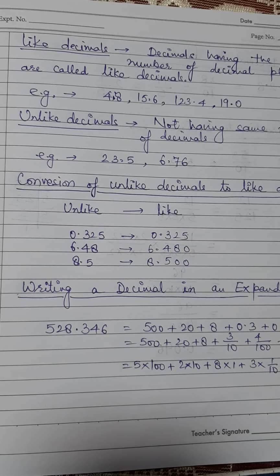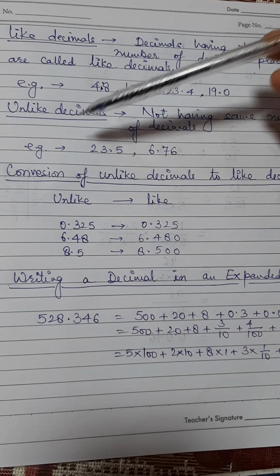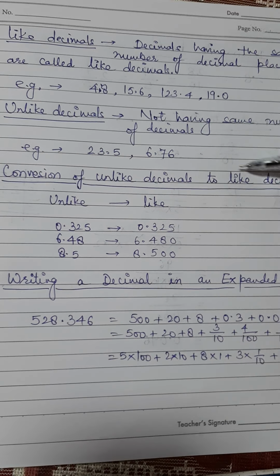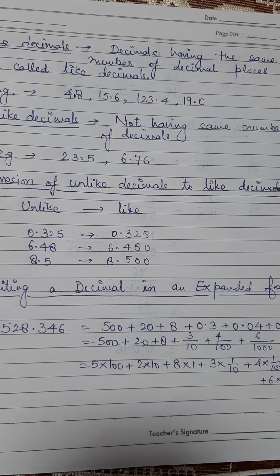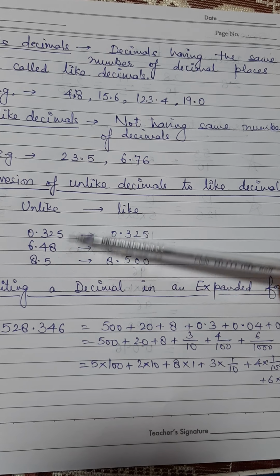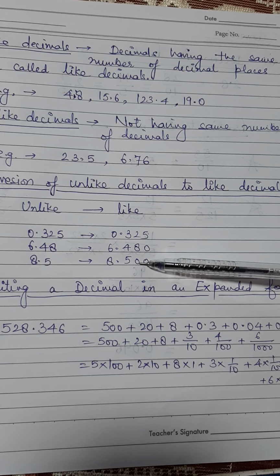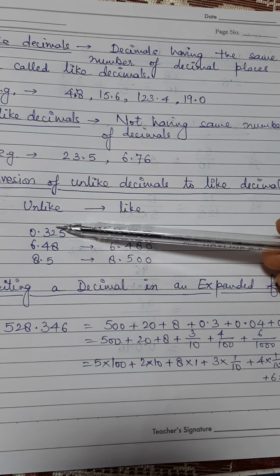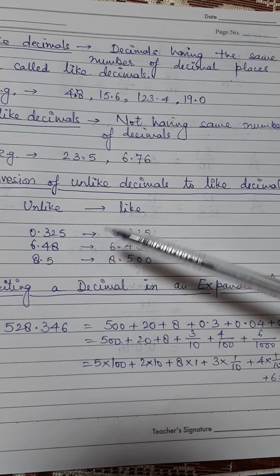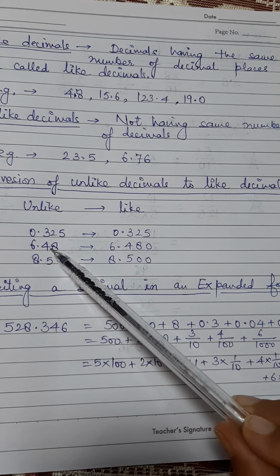Now we can change unlike decimals into like decimals. So the next part is conversion of unlike decimals to like decimals. Right? Here I am changing unlike decimals. These three numbers given are unlike, and I have changed them into like decimals by making their decimal places the same. Here in this number we have 1, 2, 3 decimal places. In this we have 2.